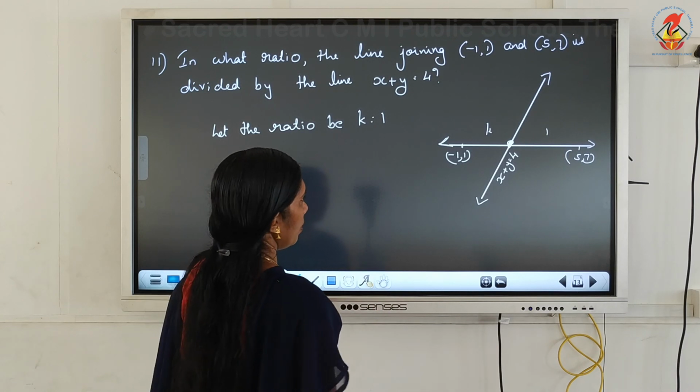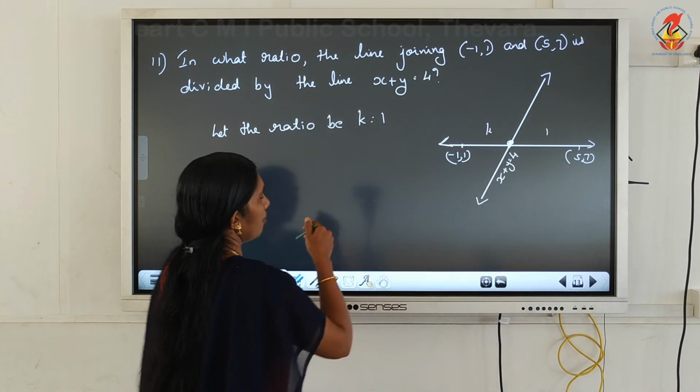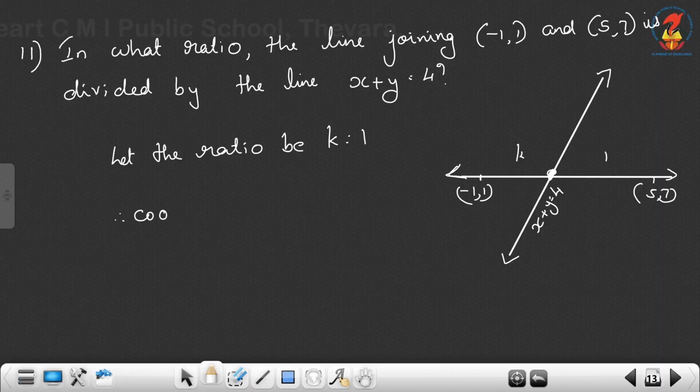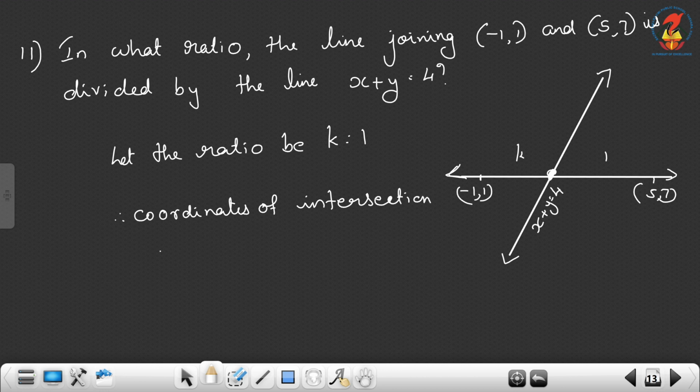Now, applying the section formula, the coordinates of the point of intersection are (mx2 plus nx1) by (m plus n): k into 5, 5k plus 1 into minus 1, that is 5k minus 1 by k plus 1, comma k into 7, that is 7k plus 1 into 1 is 1, by k plus 1. So, this is the point of intersection.